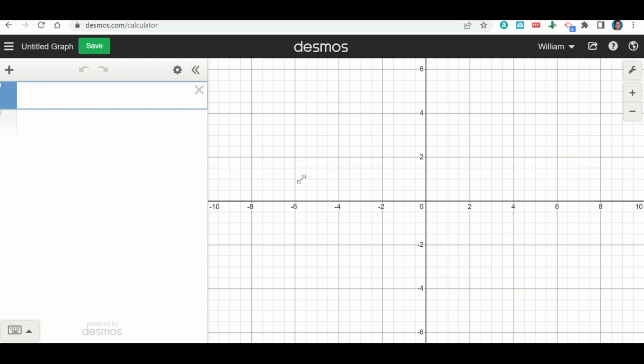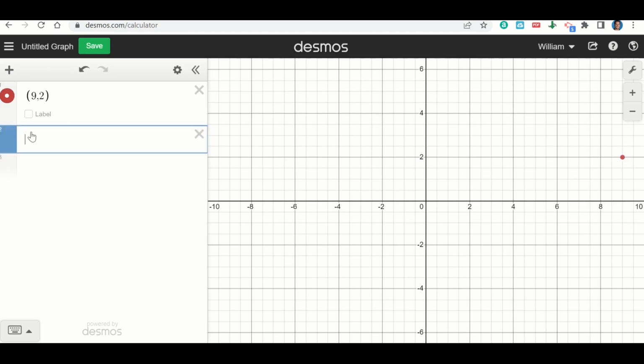So let's say that one of the points was at (9, 2). So we're going to go ahead and put in parentheses 9, 2. And notice it graphed the point for me right there. If I want to add another one, let's call this (8, 4). Again, there's my next point.